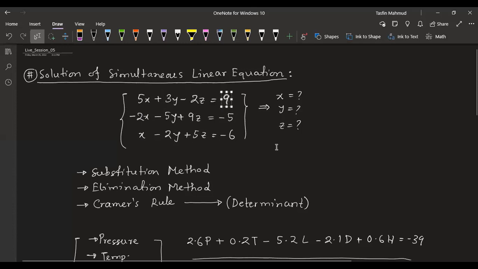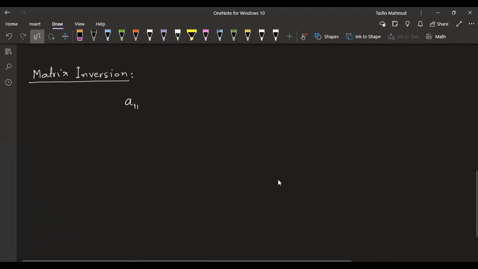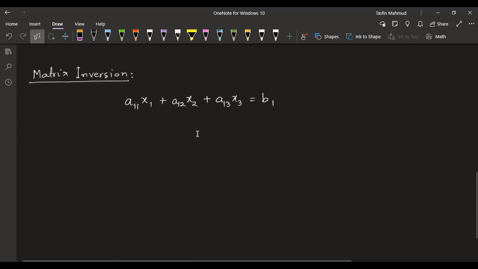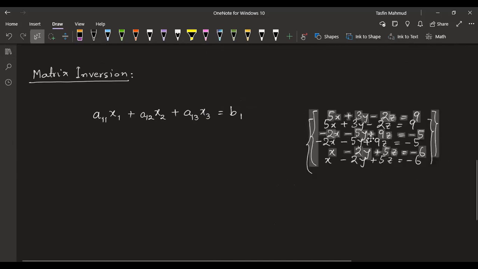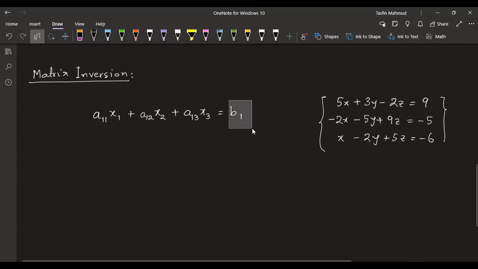Instead of these coefficients directly, we are going to write some general terms, like a11 x1 plus a12 x2 plus a13 x3 equals b1. Here a11 equals 5, a12 equals 3, a13 equals -2, and b1 equals 9.